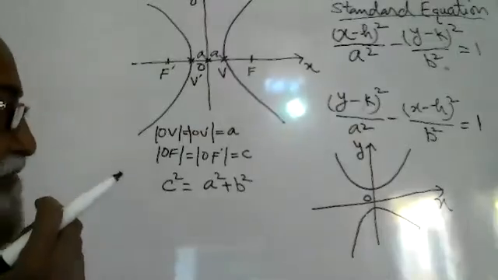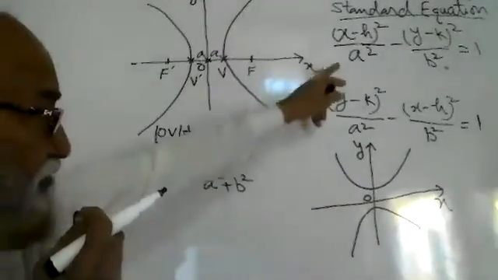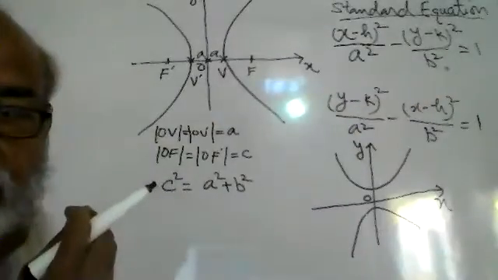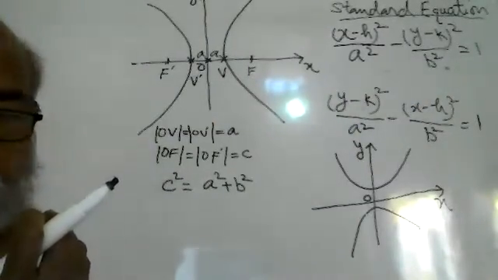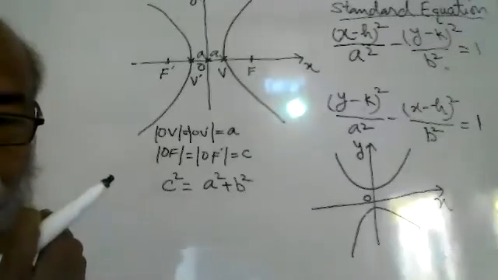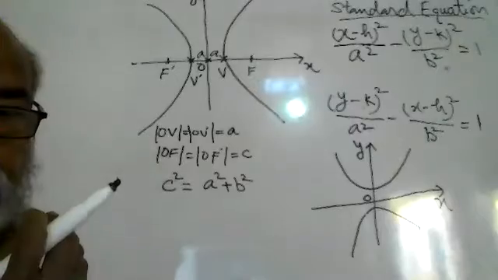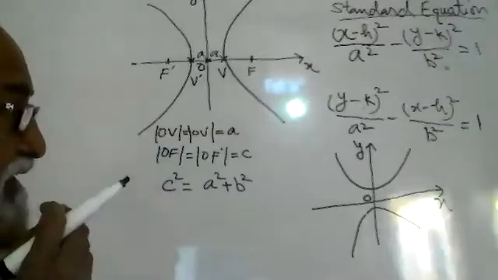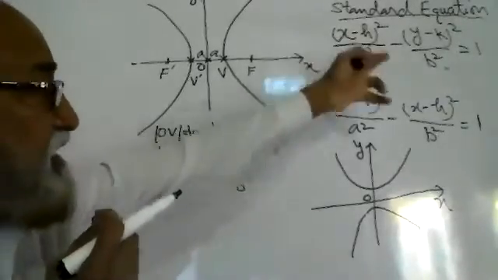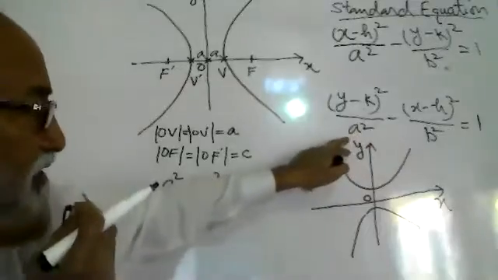Sometimes A and B are equal. In the ellipse, A and B will never be equal, but in the hyperbola, they both may be equal. Here one is positive and one is negative, but their magnitude may be equal.